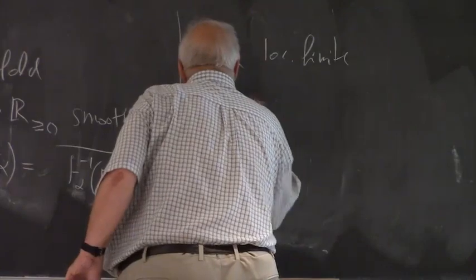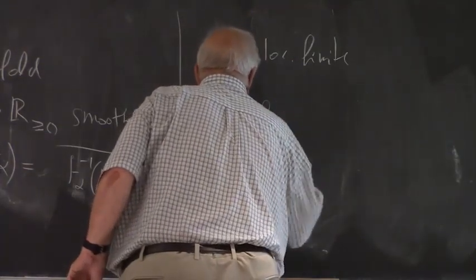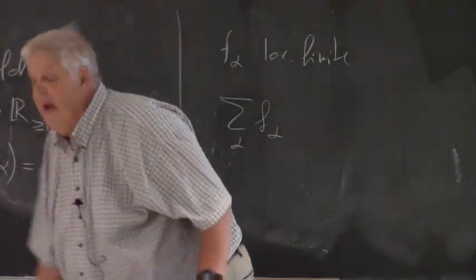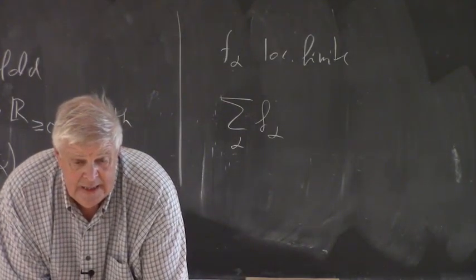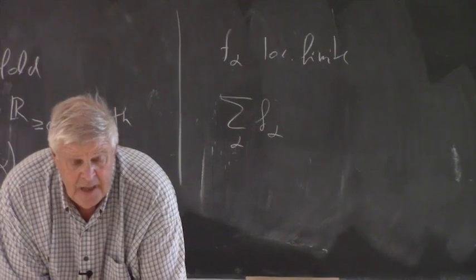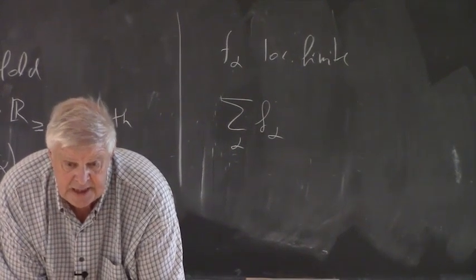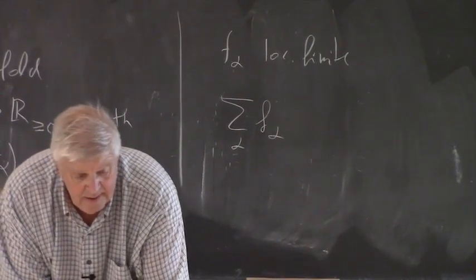If F alpha is a locally finite family, then we can speak of the sum. You understand, my family is not finite. It's locally finite, but not finite, and this is an infinite sum. Still, it exists and is also smooth, like F alpha. Why so?